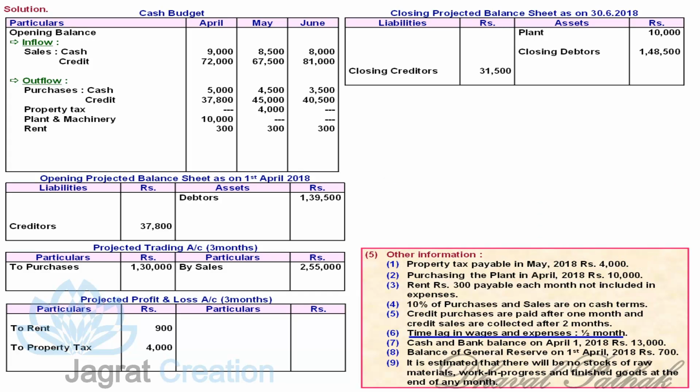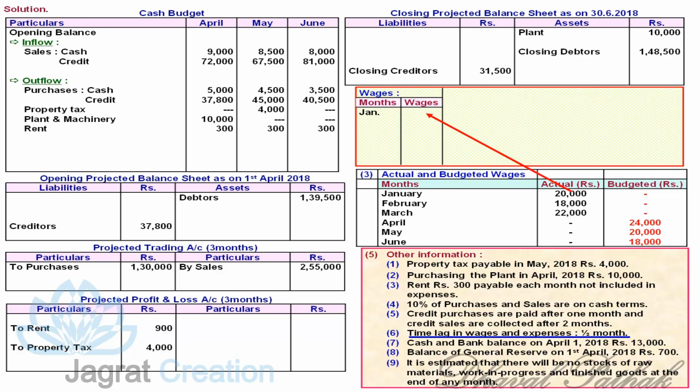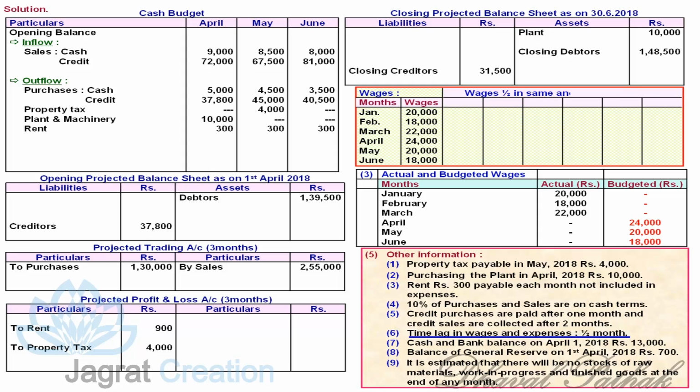Time lag for wages 1/2. Let me prepare a working note. Wages for January, February, March actuals, and April, May, June estimates are given. Credit period is 1/2, so half is paid in the current month, half paid in the next month. This is the interpretation. So wages of January, half paid in January, half in February.